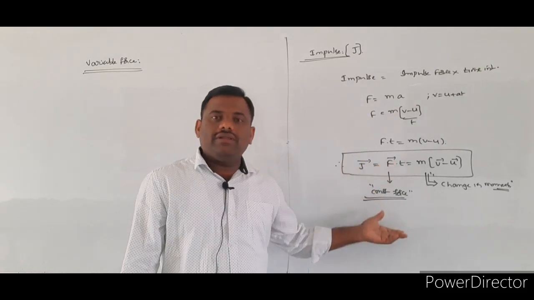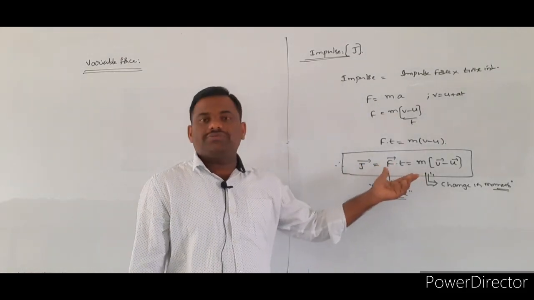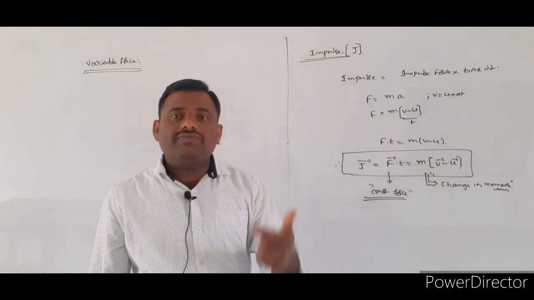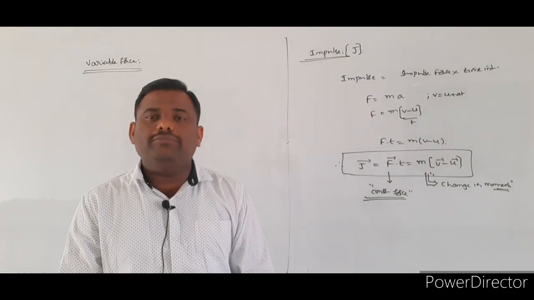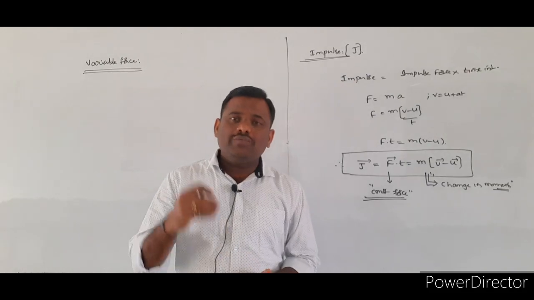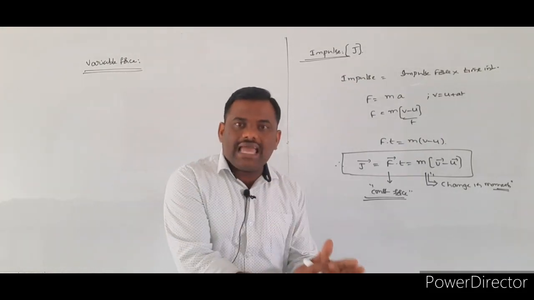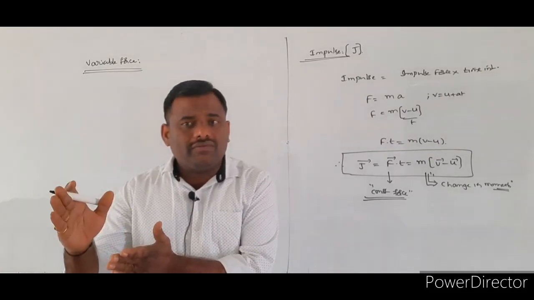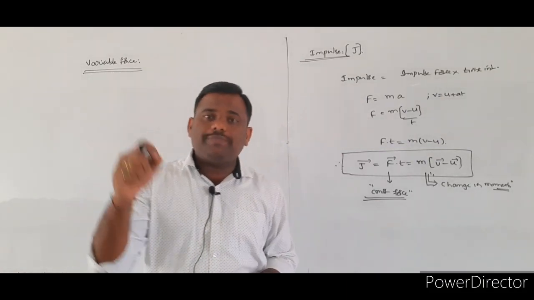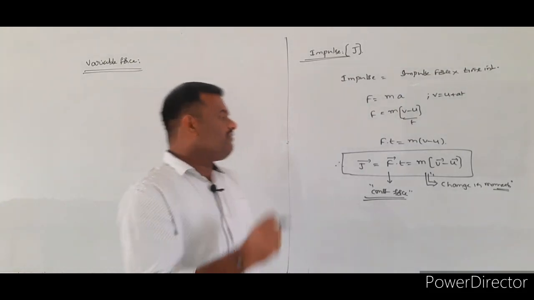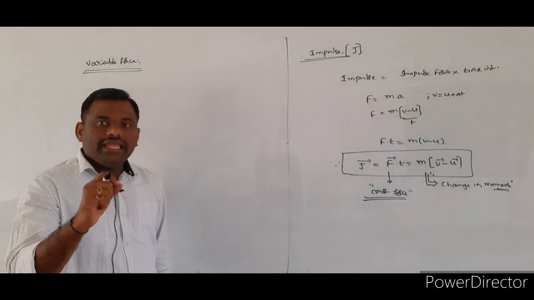Here the force value is constant, so you directly substitute into the formula J is equal to F into t. But whenever the force changes with respect to time, you must specify that you are calculating the impulse from this time to that time only. That is why you have to specify the limits, and for that we consider integration.